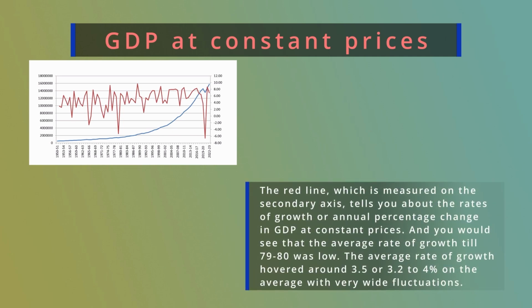The red line, which is measured on the secondary axis, tells you about the rates of growth, or annual percentage change in GDP at constant prices. And you would see that the average rate of growth till 79-80 was low, hovering around 3.2 to 3.5 to 4% on average, with very wide fluctuations.